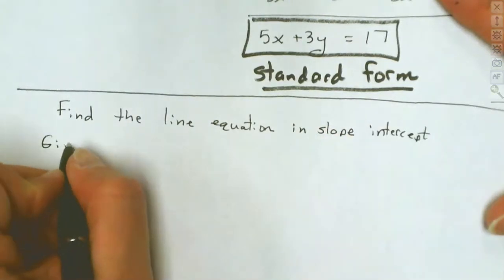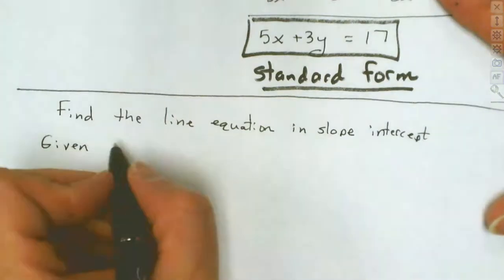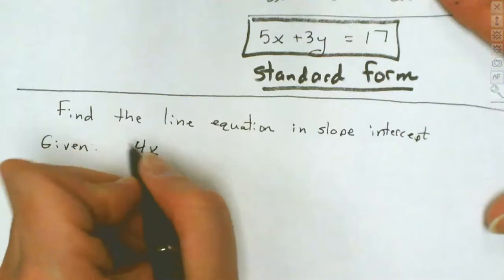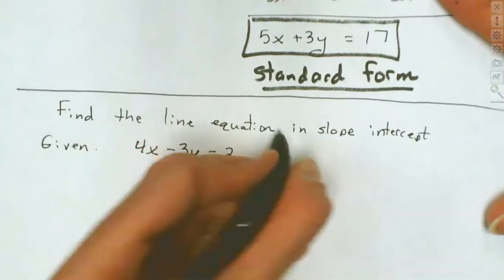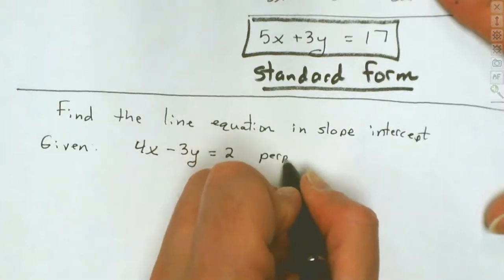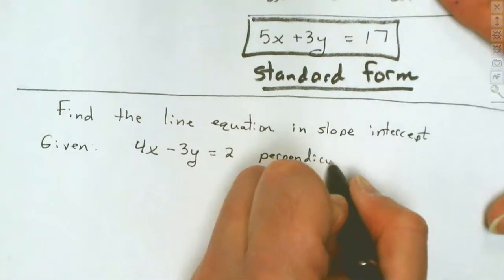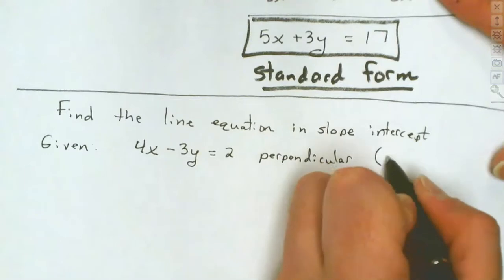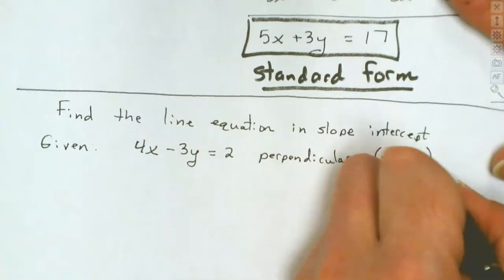And you're going to be given a point and a line equation. So let's see, you're given the line equation. Well, let's say 4x minus 3y equals 2. And we want this one to be perpendicular. And we'll use the point -1, 8.